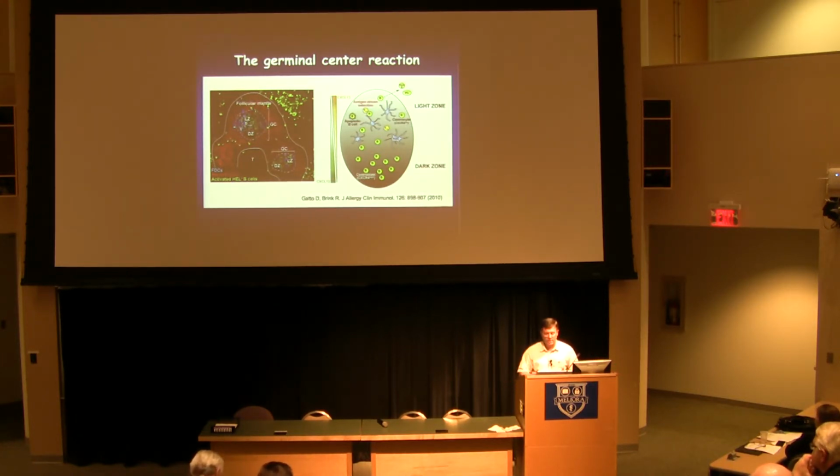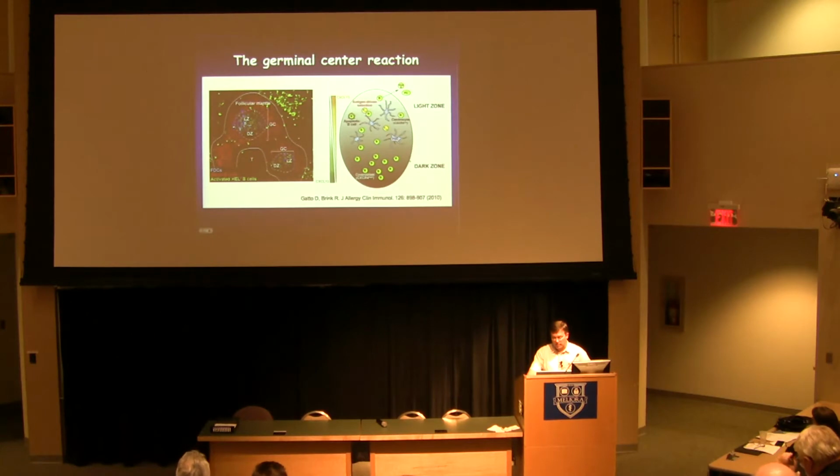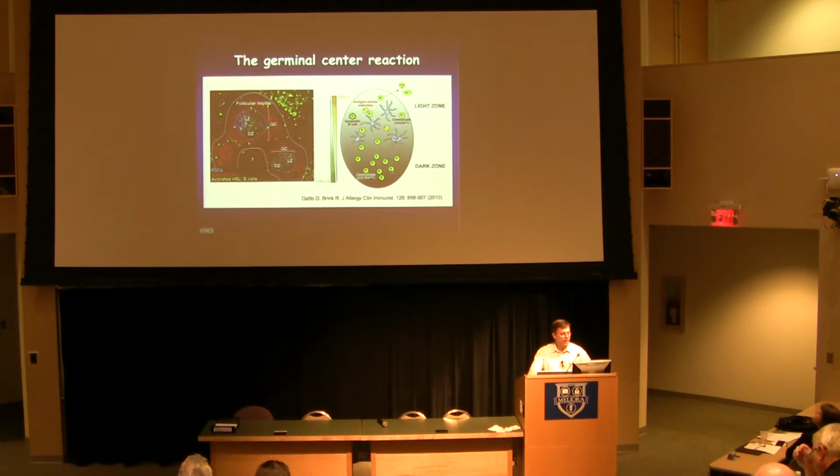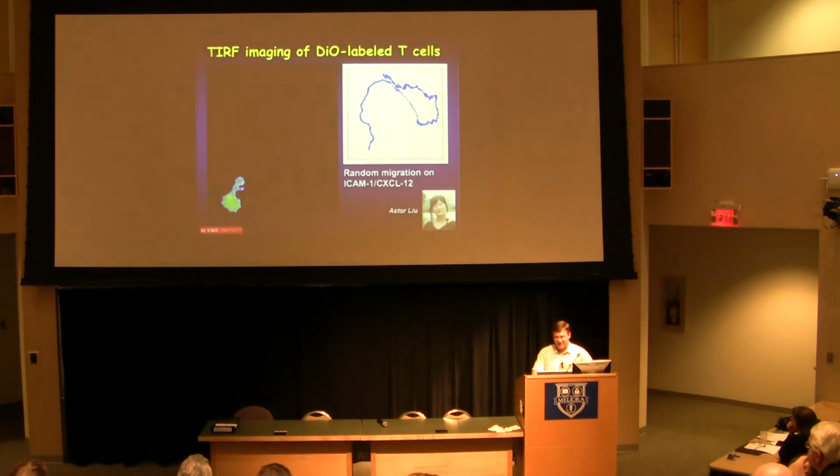We're interested in cell movements during the germinal center reaction, primarily looking at B cell migration as they migrate as naive B cells into the dark zone, and then ultimately following chemotactic cues into the light zone where they encounter follicular dendritic cells. I probably know less about that than most people in the room, so that's all I'll say about it.